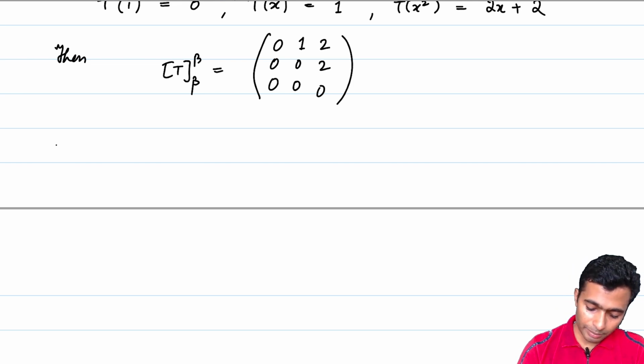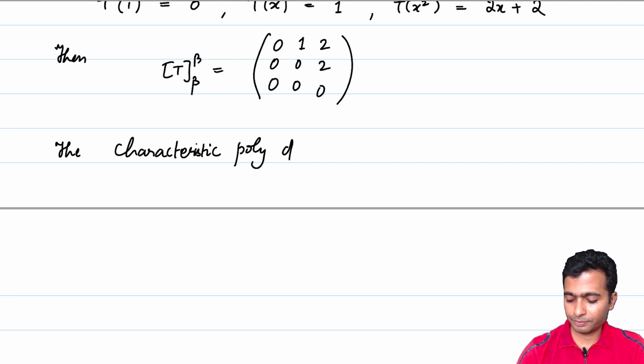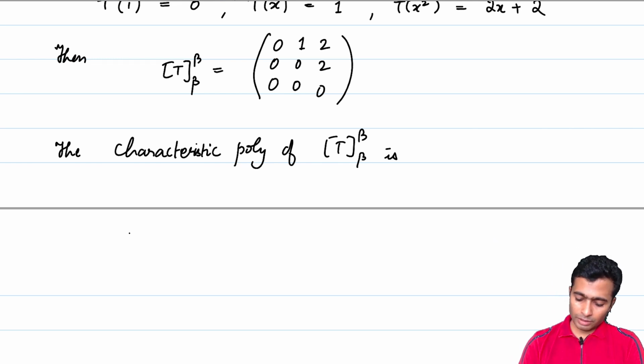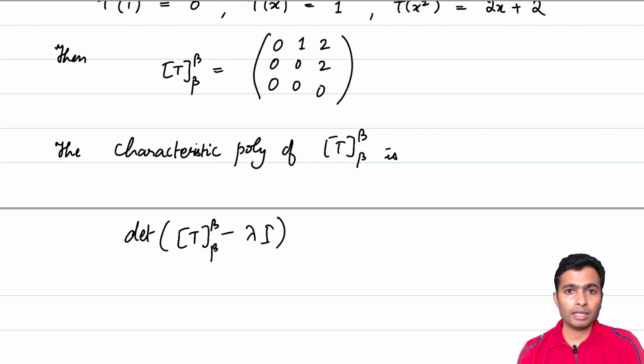Good. So what is the characteristic polynomial? The characteristic polynomial of T beta beta is the determinant. This is equal to det of T beta beta minus lambda I. So notice that P2 of R is a dimension 3 vector space, so this is I3.